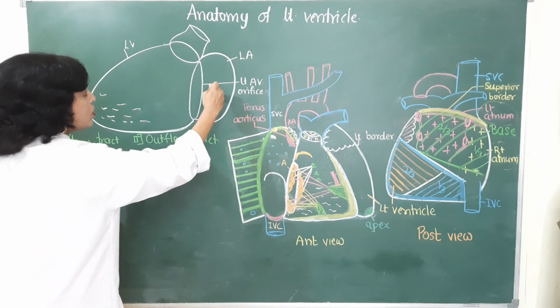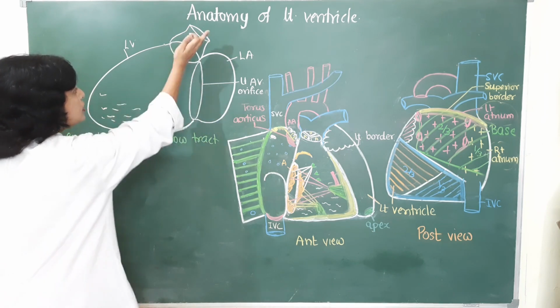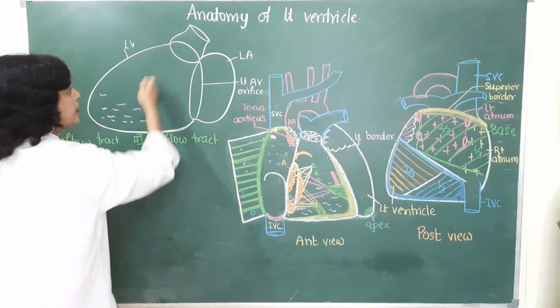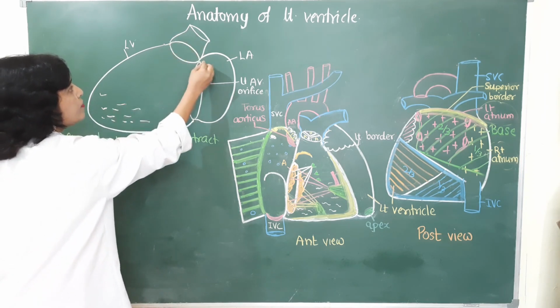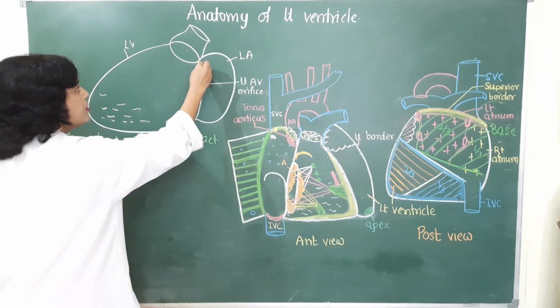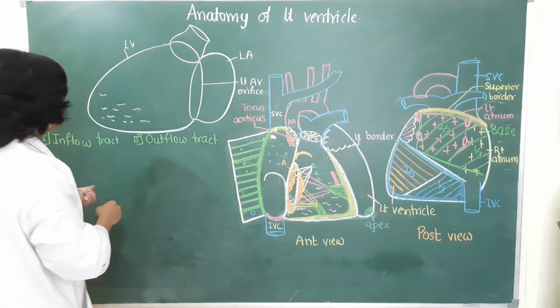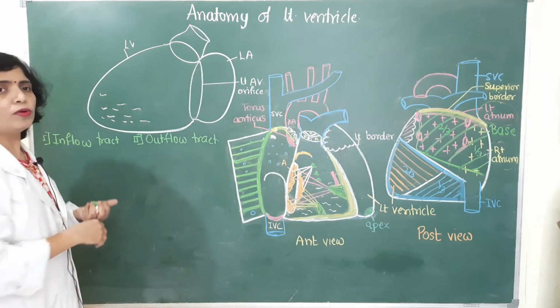While flowing from the inflow tract to the outflow tract, the blood flow makes an acute angle because the aortic orifice and the left atrioventricular orifice are approximated. Coming to the features of the inflow tract.